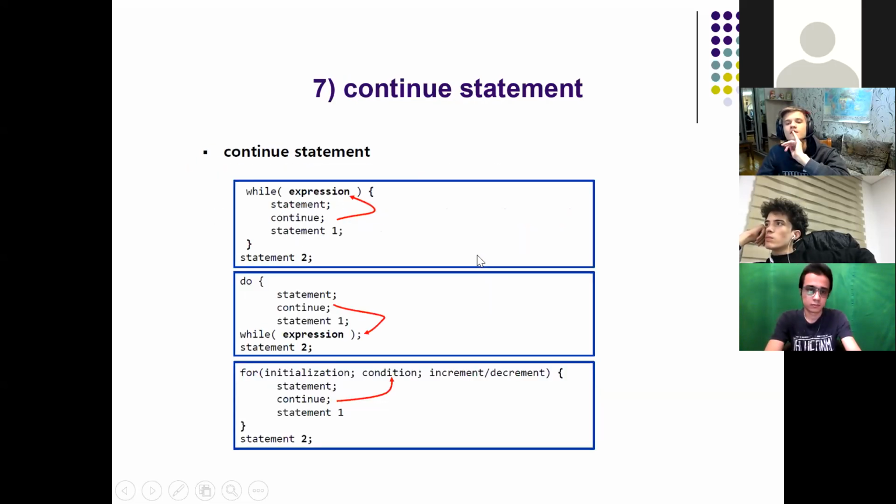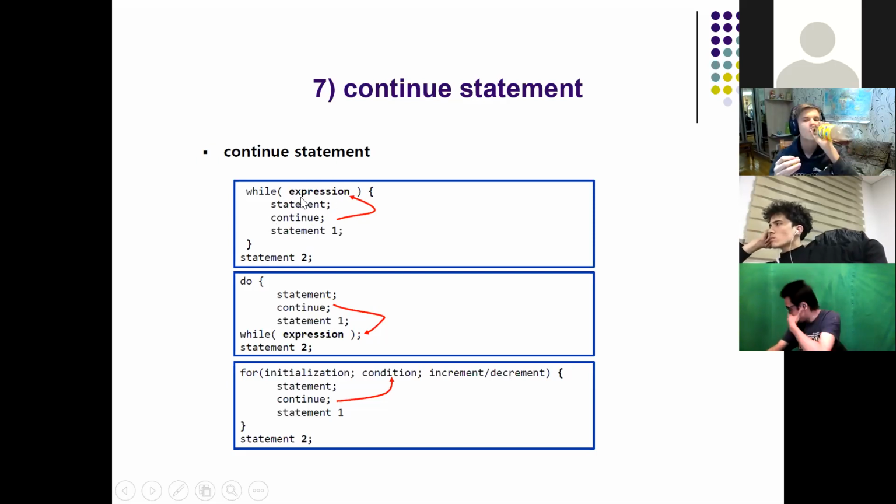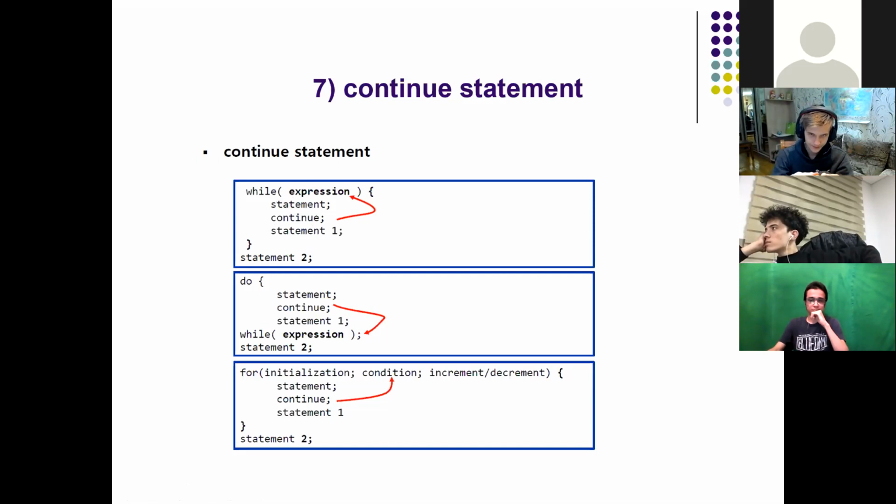Okay, what's the continue statement? The continue statement is used not to break, but to continue the loop. For example, let's look at this while loop. You have some kind of condition, and then it will run one statement, and then there is one more condition.